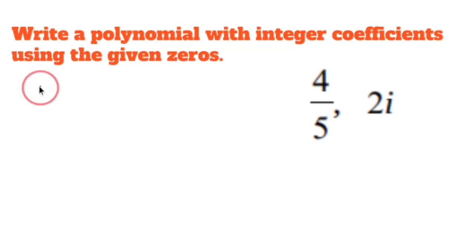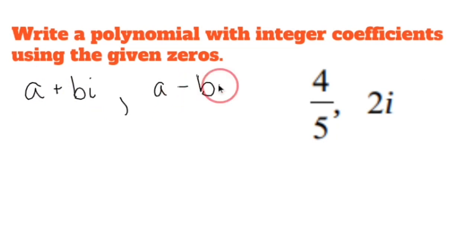There's a little thing called the conjugate rule that says if you have something in this form as a root, you must also have something in this form as a root. And you might be thinking, well, we don't have anything that looks like a plus bi. Yes, we do.